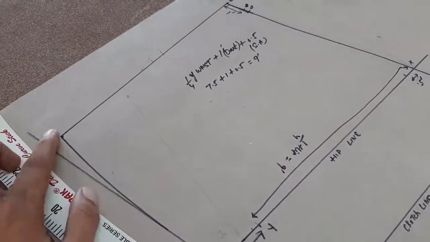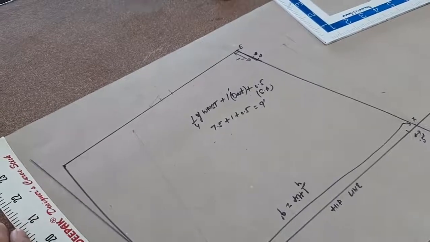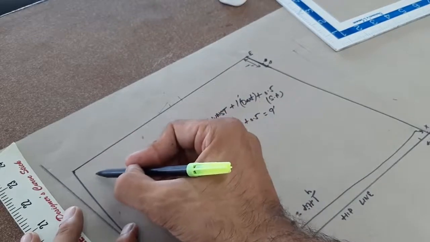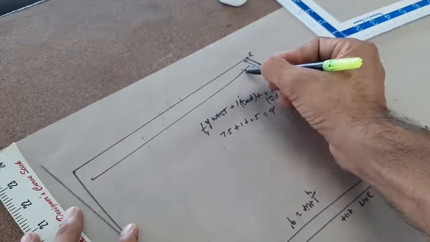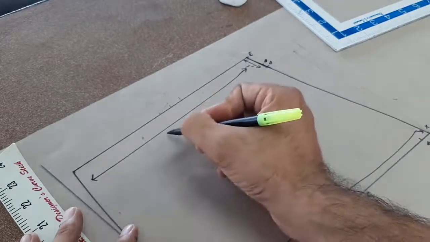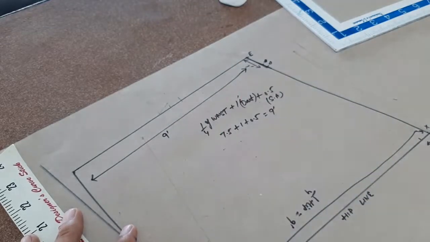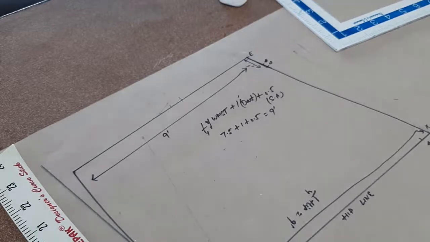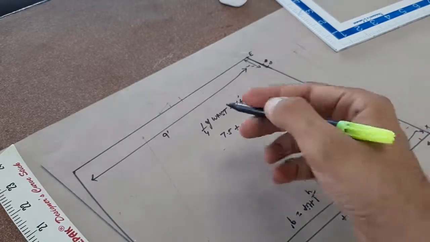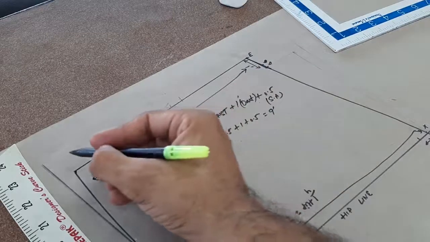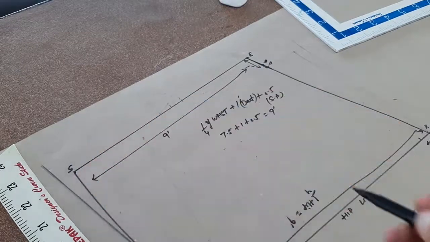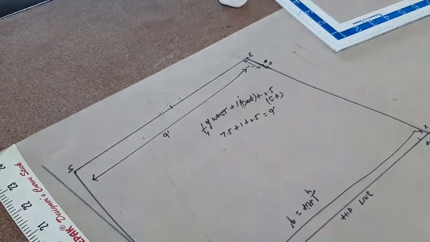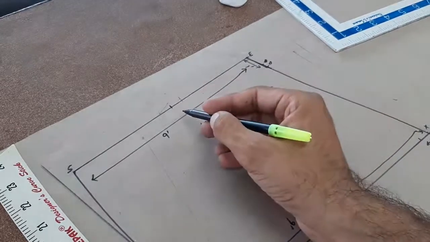So this is 9 inches. And once you have drawn this waistline, you can simply divide it in the middle, so you can create a midpoint of this point S and E. Just create a midpoint, around 4.5.